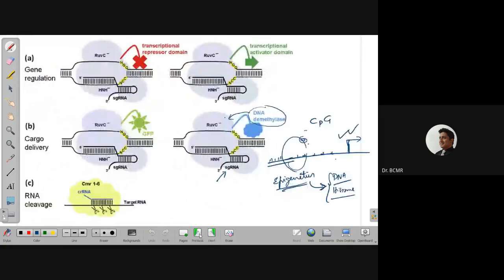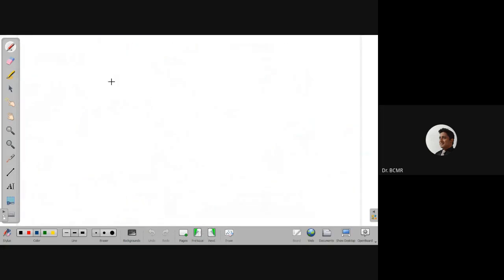What I want you to take from this is, if we want to make a genomic change, all we need to know is the sequence, a sequence that is adjacent to a PAM sequence. That is a target.